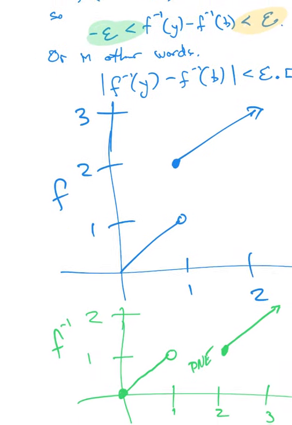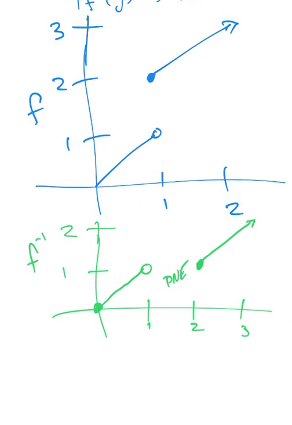In our non-continuous example, the range of f was not an interval. But we do have that this inverse here is continuous, but we need a separate proof to show that.